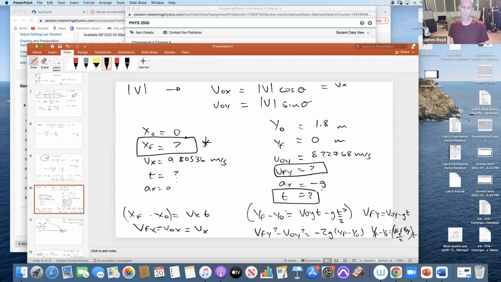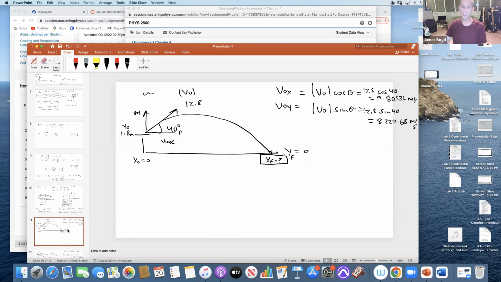Now, you might be thinking, I'm going to have to do a quadratic because I have V naught of Y here, the one that doesn't have any V final. However, let's do something different. V final squared minus V initial squared in the Y is equal to minus 2g times y final minus y initial.